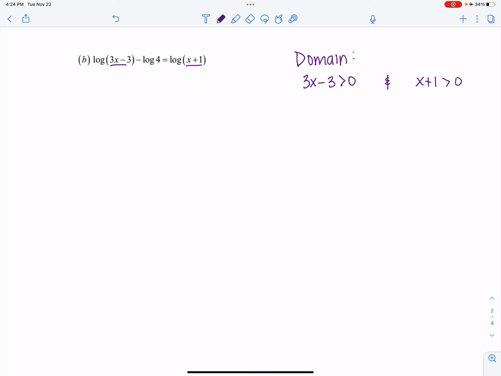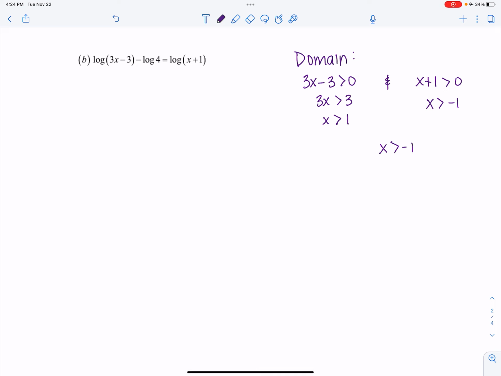If 3x minus 3 is greater than 0, that tells me that 3x is greater than 3, and x is greater than 1. And if x plus 1 is greater than 0, that tells me that x is greater than negative 1. So my domain is x greater than negative 1. And that will satisfy them both.